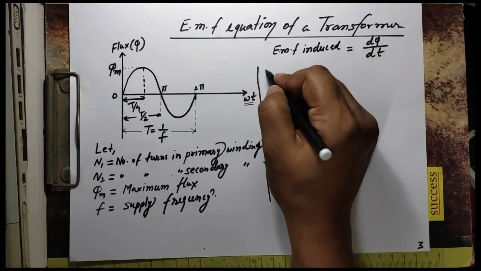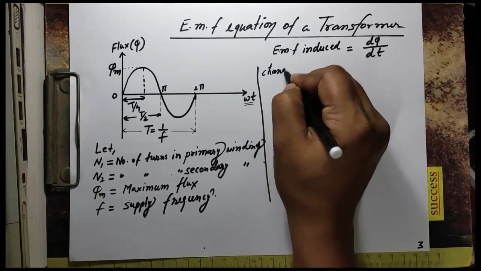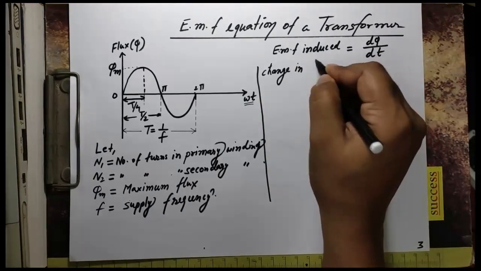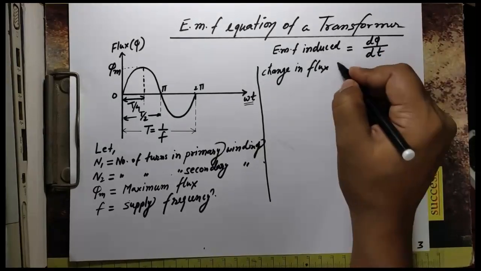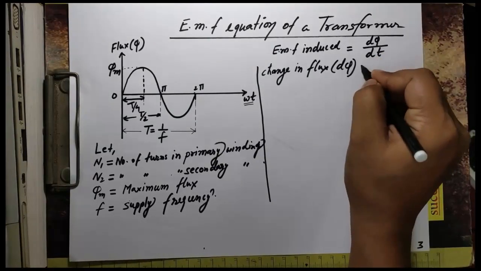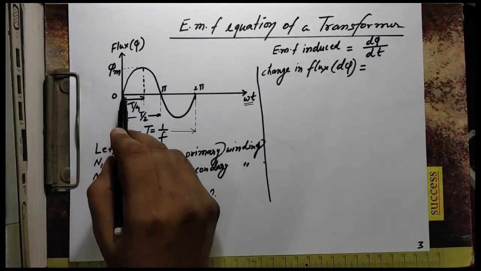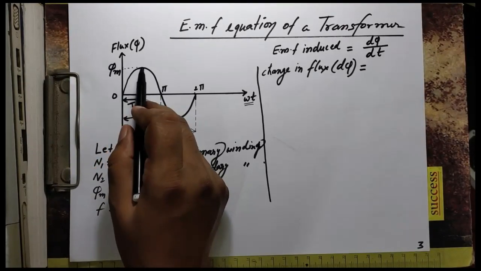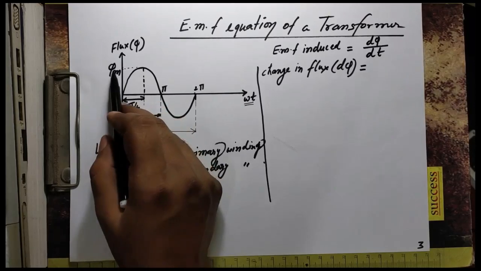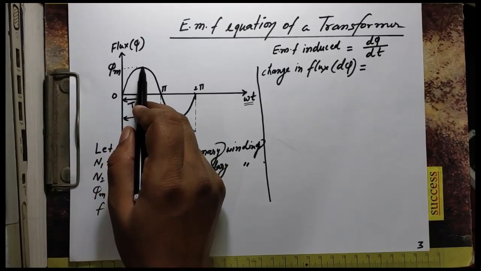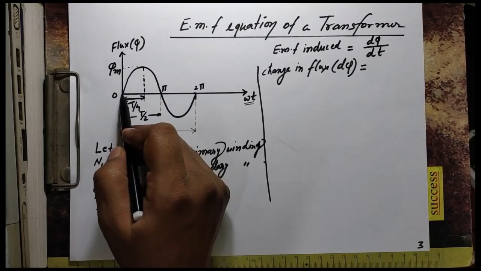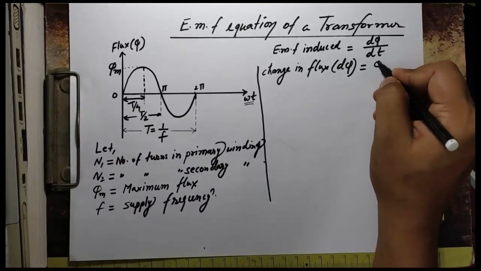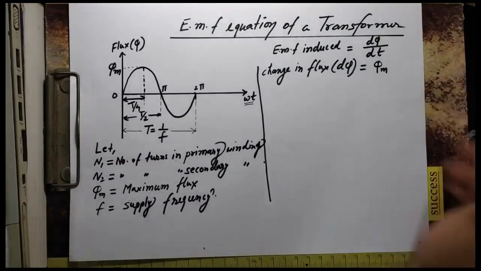D phi is the change in flux. This is equal to, say, 0 to phi m. The change in flux is phi m, the maximum value, that is the final value, minus the initial value. So phi m minus 0 is equal to phi m. So this is the change in flux.